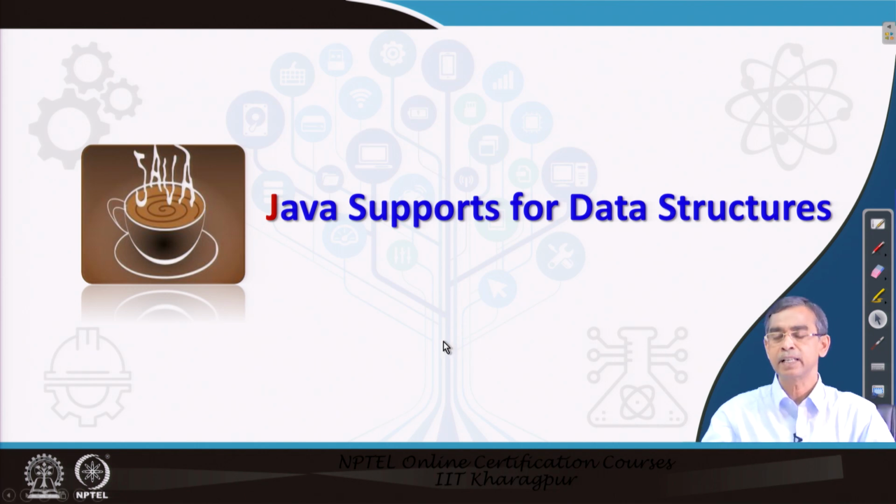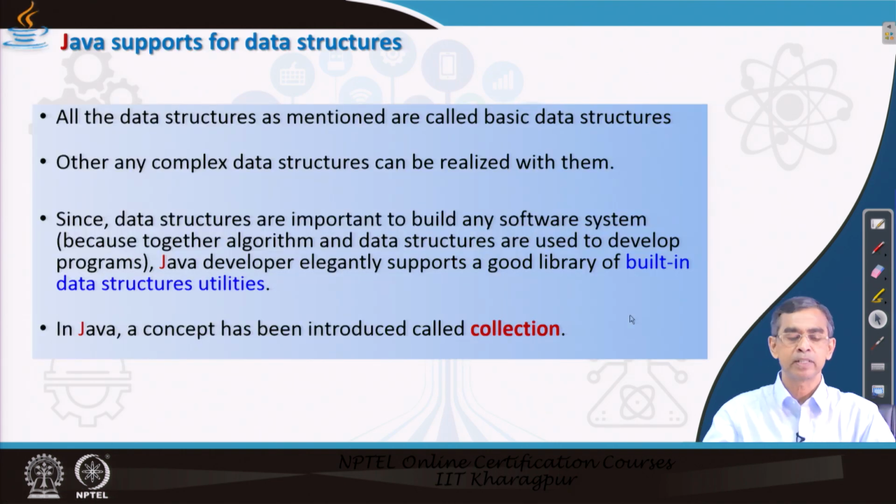Now, let us first see what the different supports from the Java developers are, so far as data structure manipulation is concerned. Java provides a framework. A framework is nothing but built-in, which means a library readily made by the Java developers themselves, available as a part of utility.